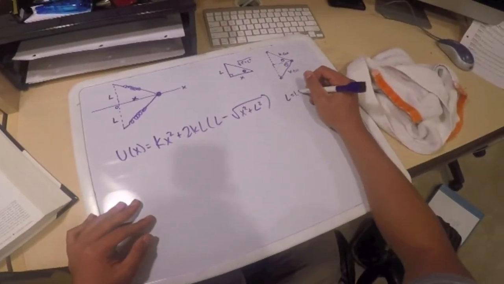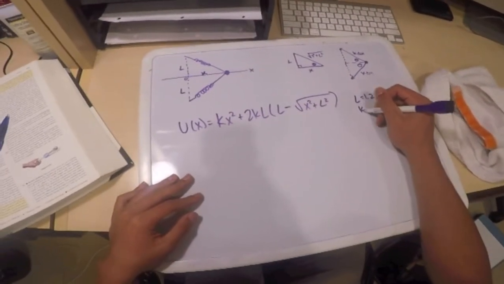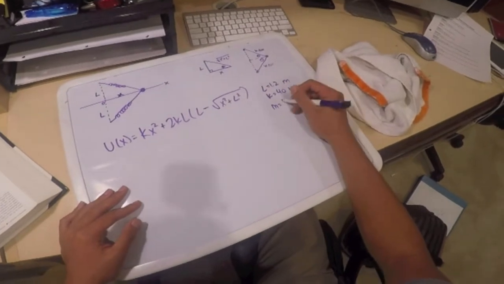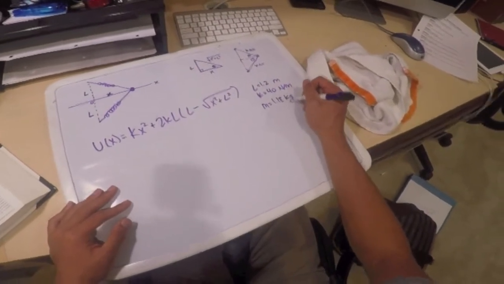L is 1.2 meters, k is 40 newtons per meter, and we know that the mass of the object is 1.18 kilograms.